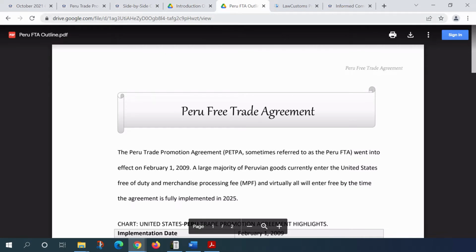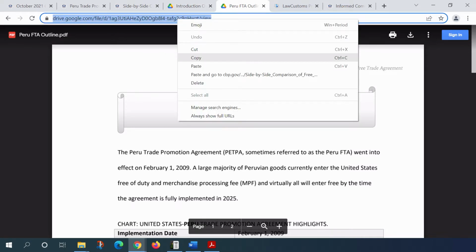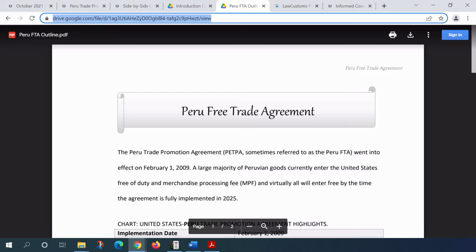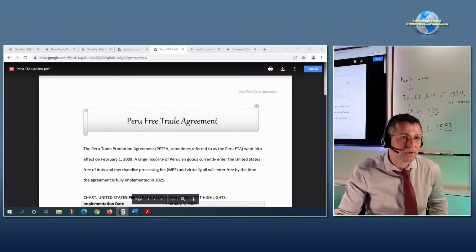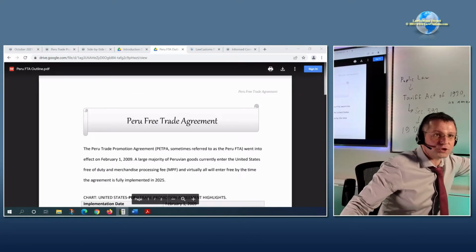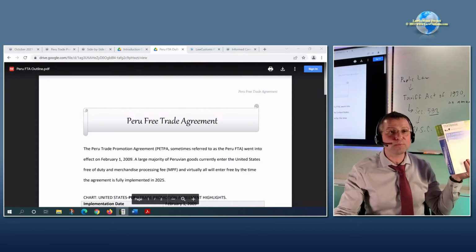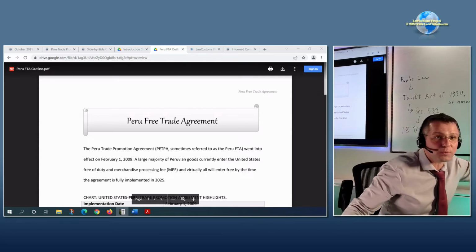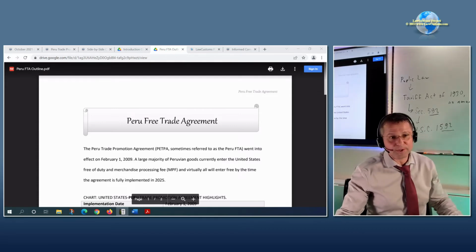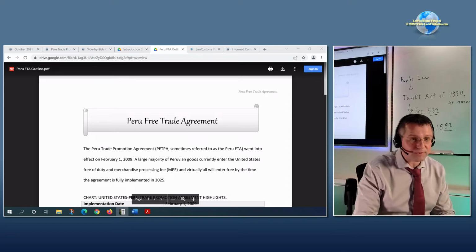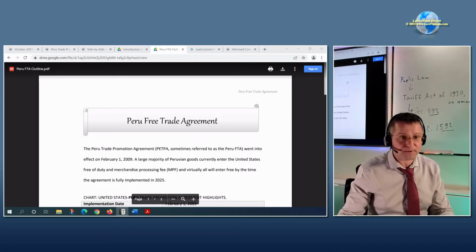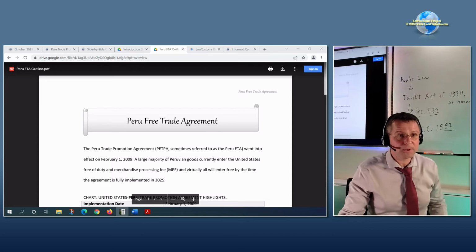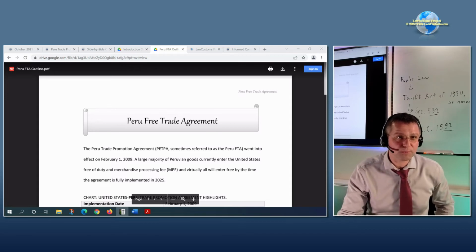Another thing that I designed: I do cover various free trade agreements within the chapter of the book. I have not had a Peru yet, simply because there weren't many questions on Peru. But I decided to create an outline for the Peru trade agreement.